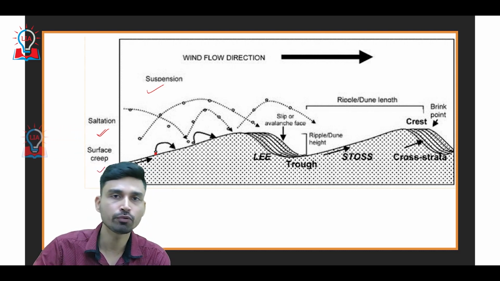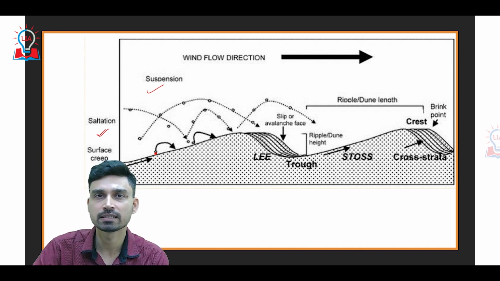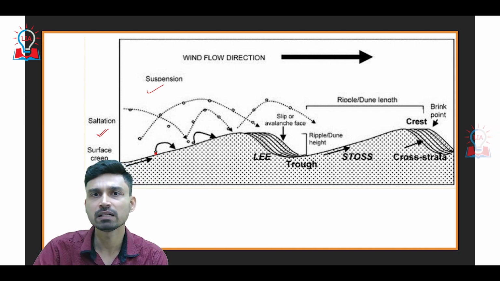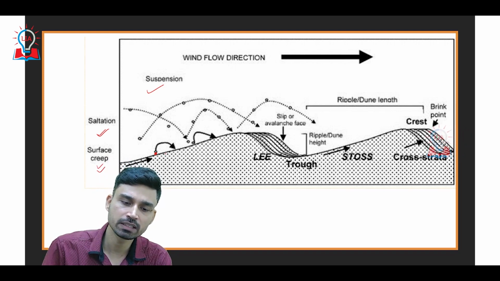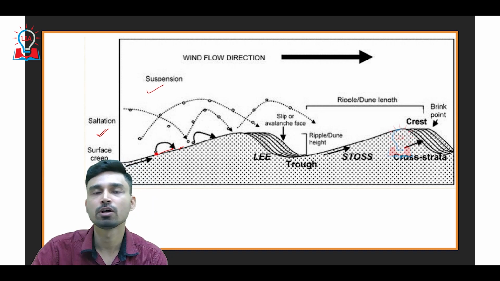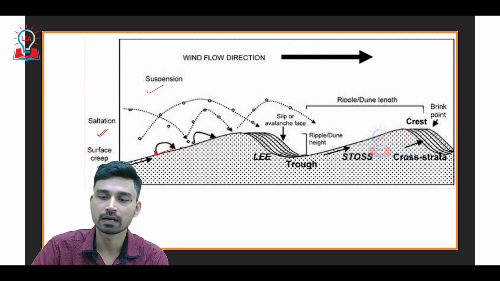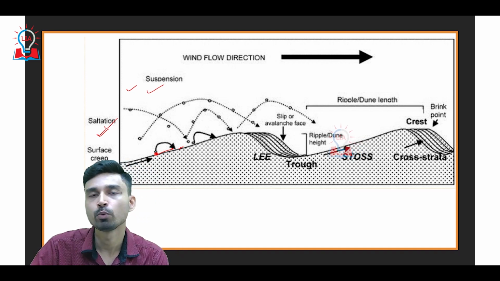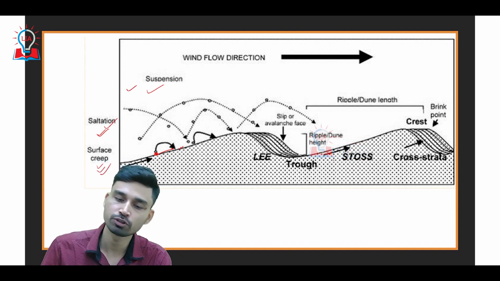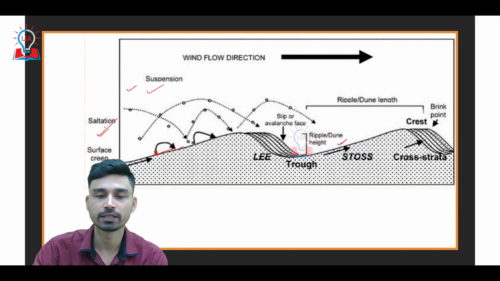Second is saltation, where they are thrown to a certain distance gradually by the movement of wind, especially when the wind becomes very strong. And third is surface creep, when the material is dragged along the surface because of its larger size. As a result of suspension, saltation, and surface creep, we have both erosional and depositional landform development in the desert region.